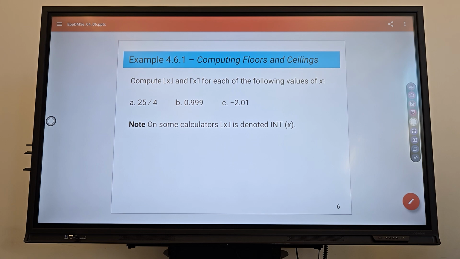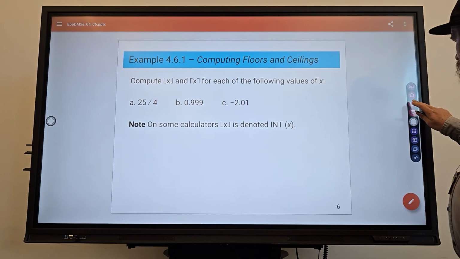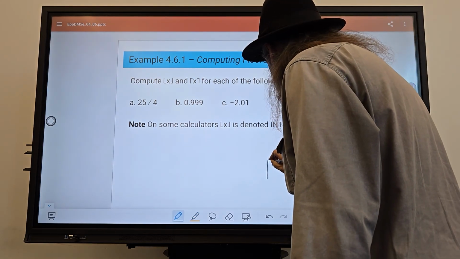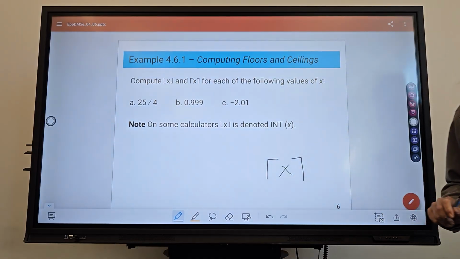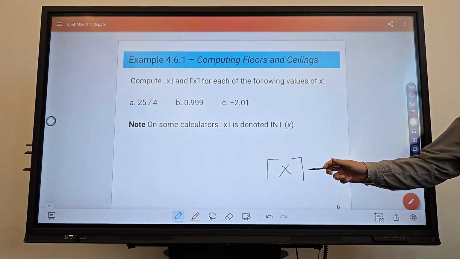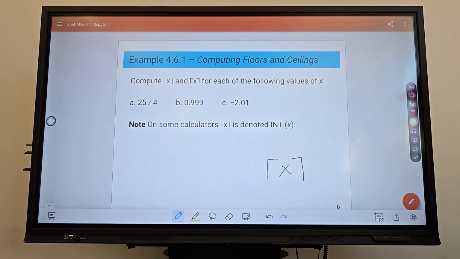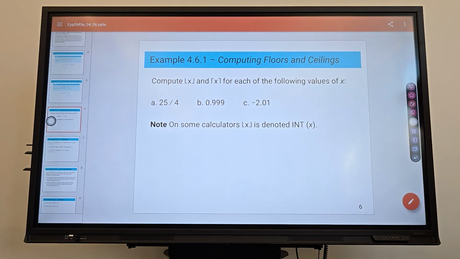What is the ceiling denoted by? That's the symbolic representation of the ceiling of x. Seven. There we go.